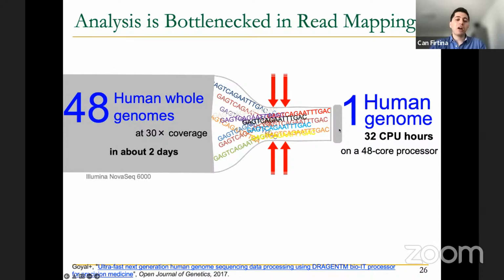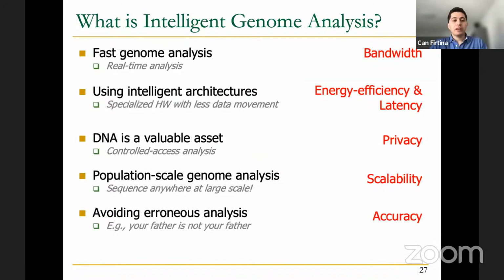To solve this problem, we require many cores, but of course, this is an issue about scalability, right? So our goal is to come up with the intelligent design for an intelligent genome analysis. What I mean by intelligent genome analysis is we want to achieve high bandwidth so that we can perform fast genome analysis.